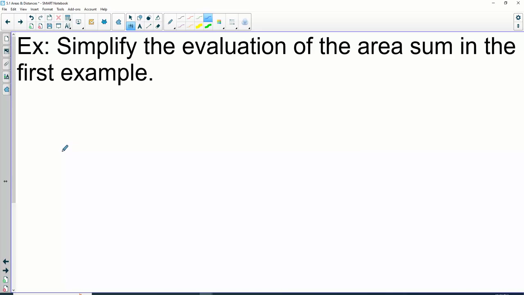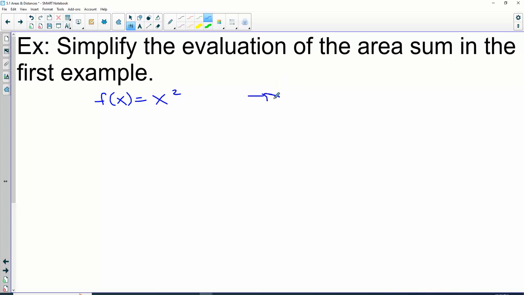Let's go back to yesterday. Remember our first example yesterday? We were doing the over and under estimate for f of x equals x squared. We did it twice, once with 5 and once with 10.